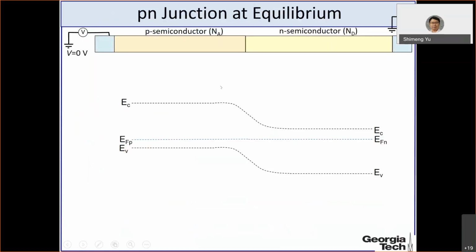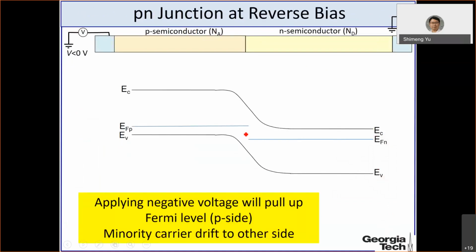Okay, so let's look at the energy band diagram in the negative voltage reverse bias. We start from the equilibrium state like this. Now the voltage becomes negative to the P side. So negative voltage will push up the band. It's just opposite: positive voltage pushes down the band, negative voltage pushes up. So the band will be pushed up by this qV, or let's say if you take the absolute value of V. So this is the P side.